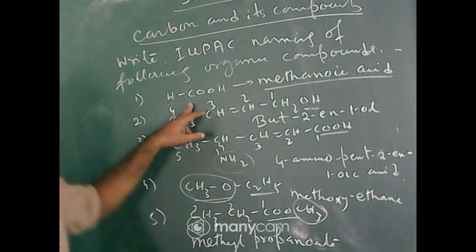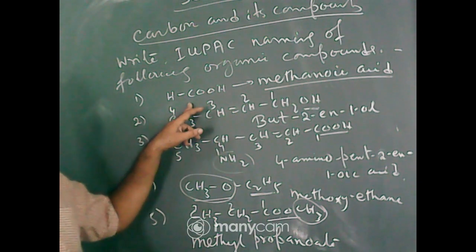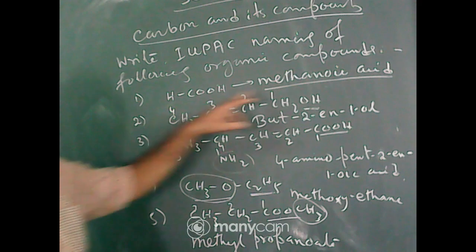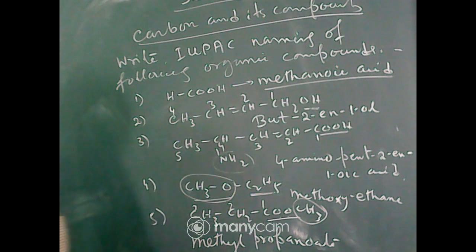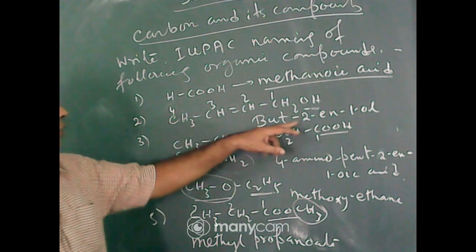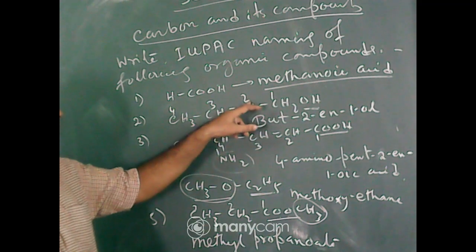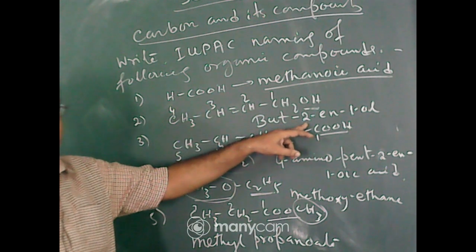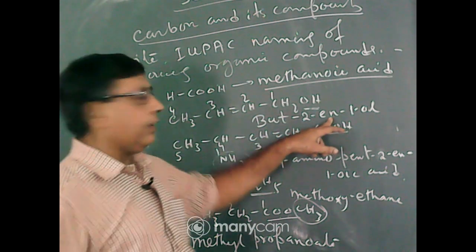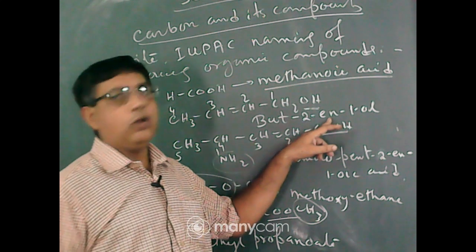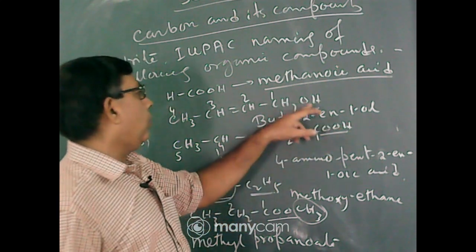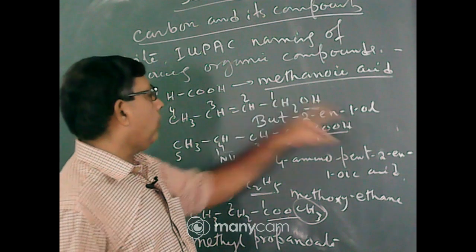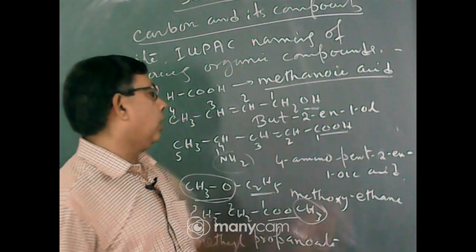So the first one has only one carbon and a COOH group, so it is called methanoic acid. The second one has 4 carbons, so root word but, at carbon number 2 a double bond, so en. Since en is placed in the middle, write en, not ene, and an OH group is present at carbon number 1, the functional group, so 1-ol.